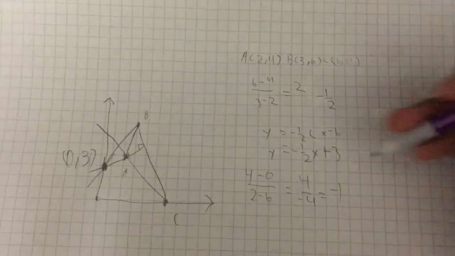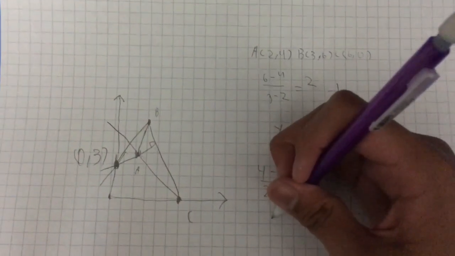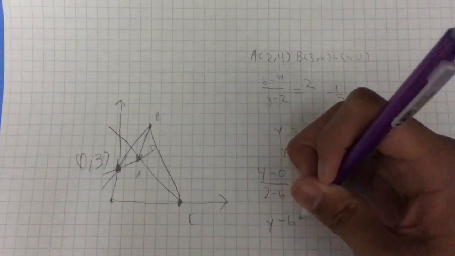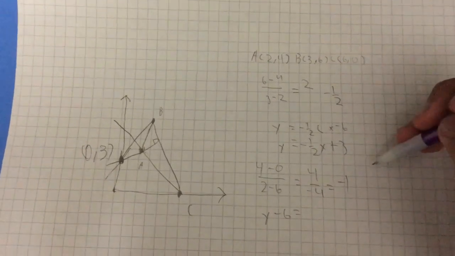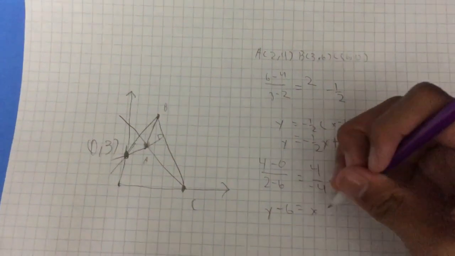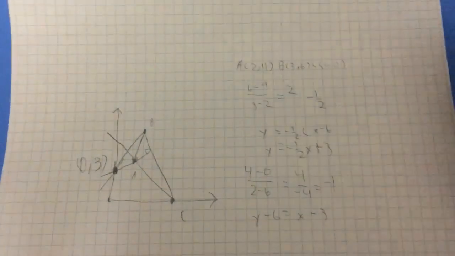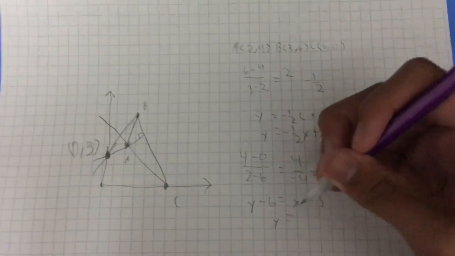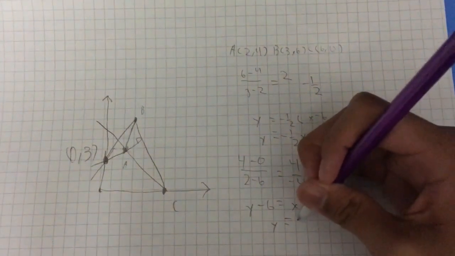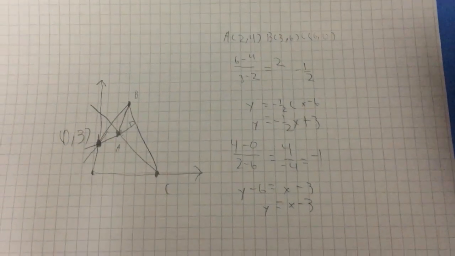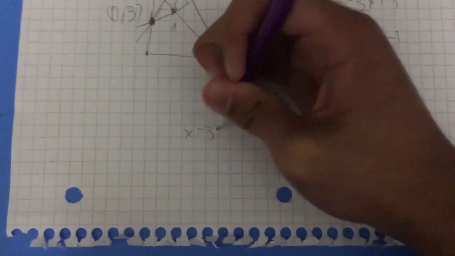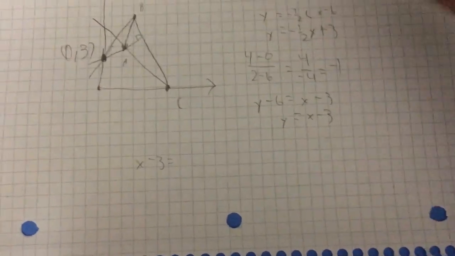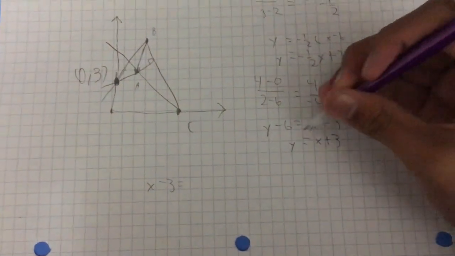And knowing that, since it's through B, we have a point and a slope, so we have y minus 6 is equal to, since the slope is 1, we don't need to worry, so we can just do x minus 3. And that simplifies to y is equal to x plus 3, because you add 6 on both sides.